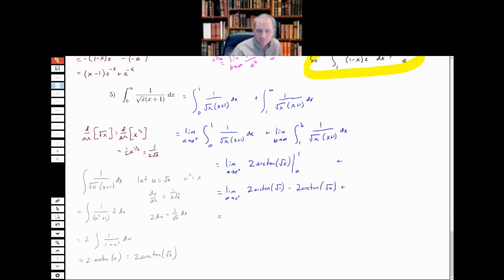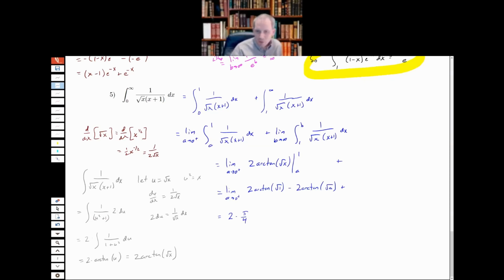Square root of 1 is 1, so I have arctangent of 1. You can plug that in your calculator, but I know tangent of 45 degrees is going to give me a 1. So arctangent of 1 is 45 degrees, or pi over 4. The question is what's going on here.